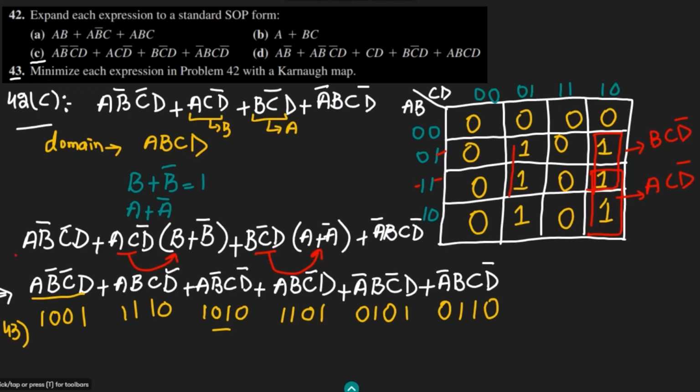Similarly here we have this term, and the constant terms here are C'D, and I also have B constant, so BC'D, and here again A is constant, so AC'D.